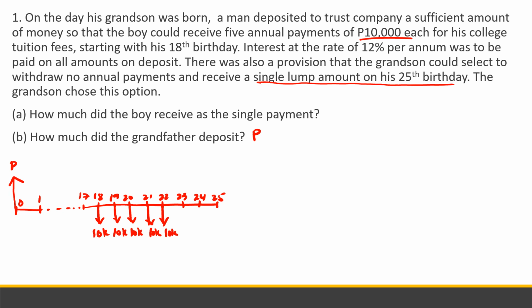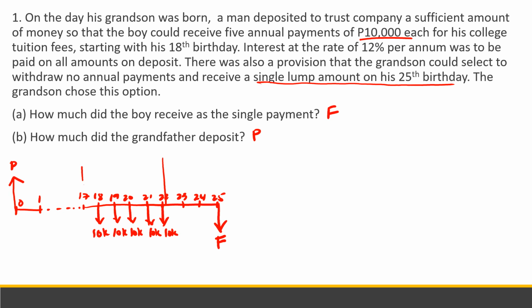So the grandson chose to receive the amount at his 25th birthday. So what is the amount here? That is F. Okay, now, so in finding F, we'll use the deferred annuity, but pabaliktad siya. So papunta siya sa future amount.